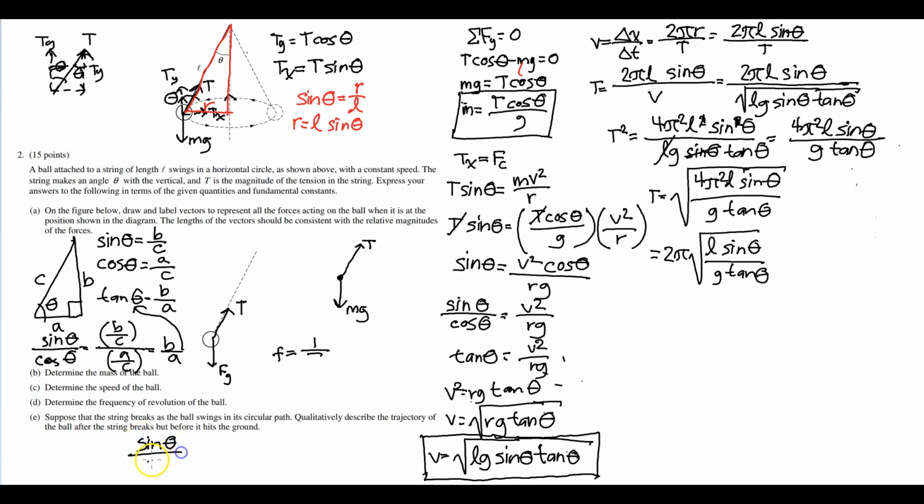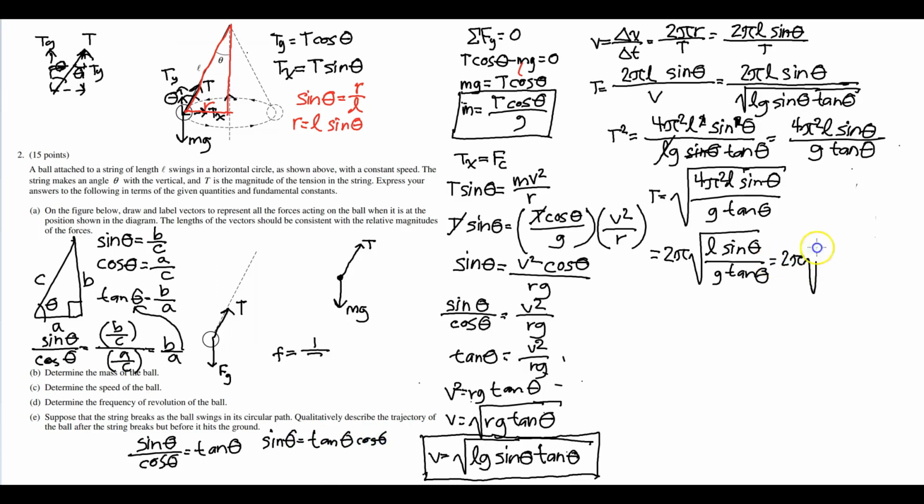Sine theta over cosine theta equals tangent of theta. So if you solve for sine theta, sine theta equals tangent theta times cosine theta.